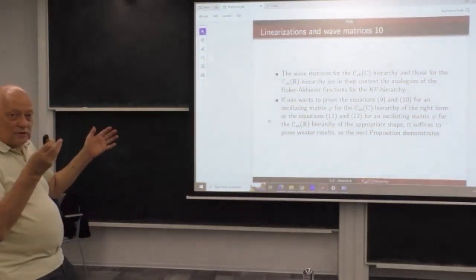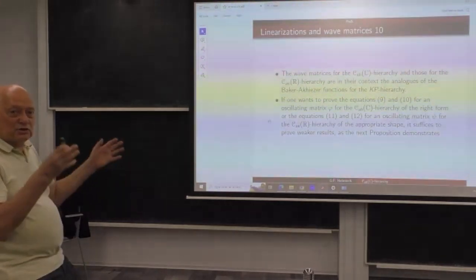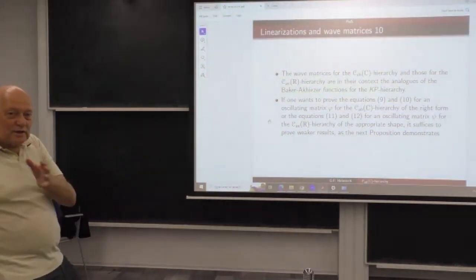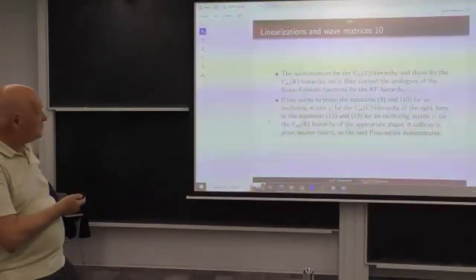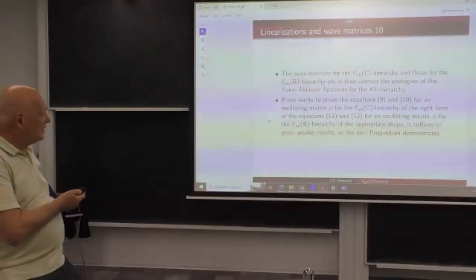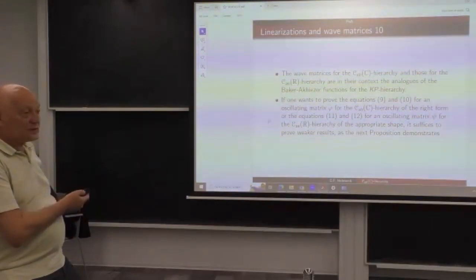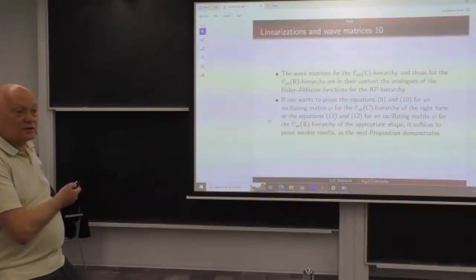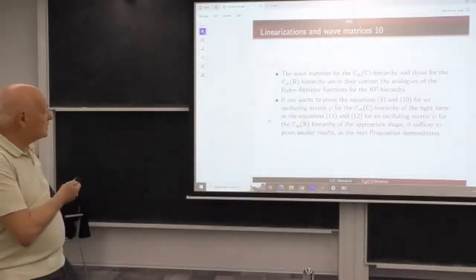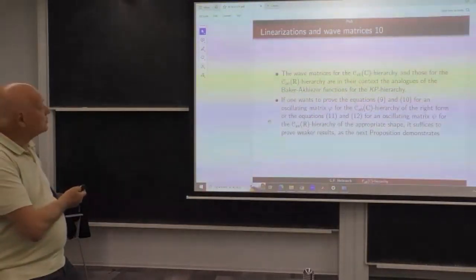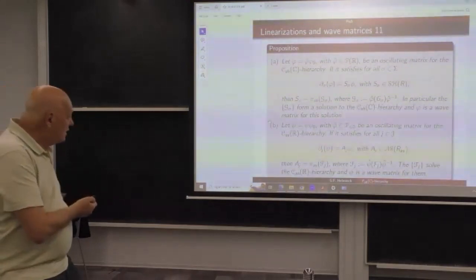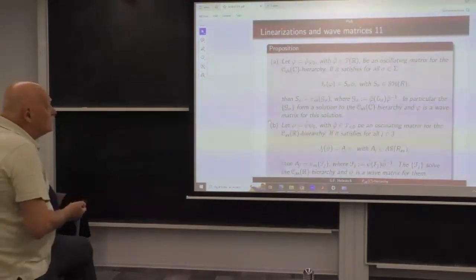You have one piece that is decent, that's in the pseudo difference operator. We are going to look for wave matrices that satisfy the linearization equations. Now, the most difficult one is the second equation. That's the central one, everything. But you can prove something simpler.